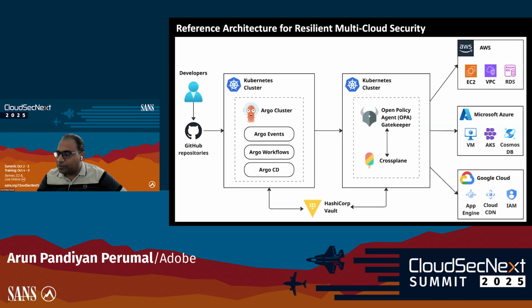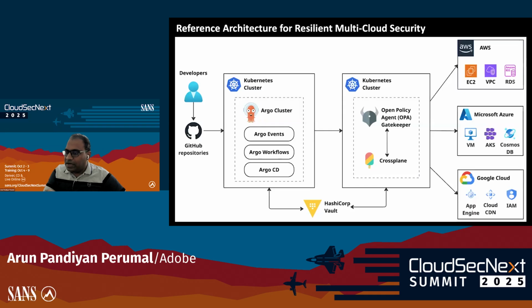Under the Argo cluster, we have Argo Events, Argo Workflows, and Argo CD for creating a CI/CD pipeline. We'll talk more about that. And on the Crossplane cluster, we have the Open Policy Agent Gatekeeper, and then Crossplane deployed here. And on the right side, we have the target clusters.